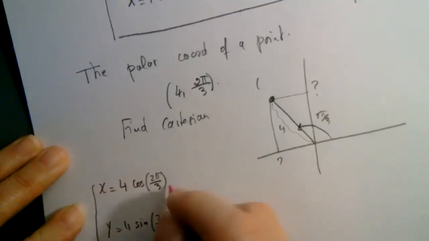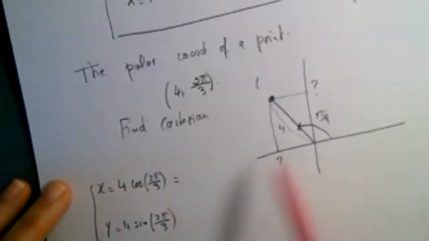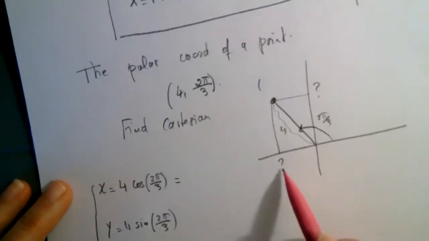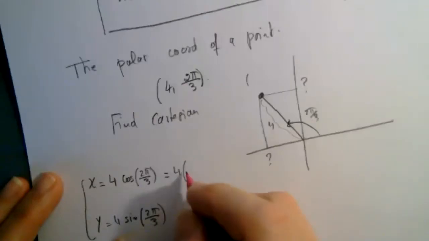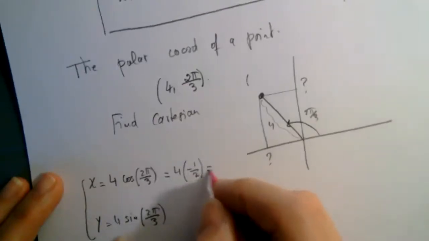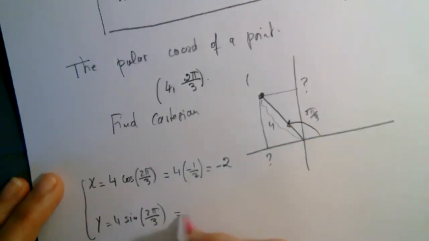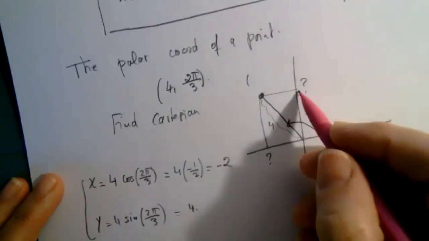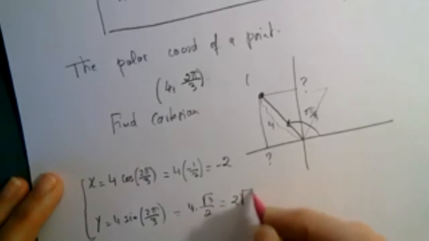Now we try to remember a little bit of our trigonometry. We know that the x has to be negative, and if my memory is correct, cosine is -1/2, which gives me -2. And for y, the sign is positive, and I think it's the square root of 3 over 2, which gives me 2 square root of 3.